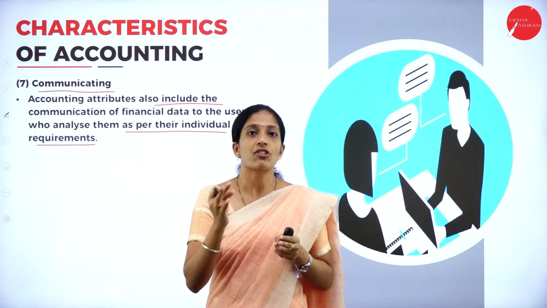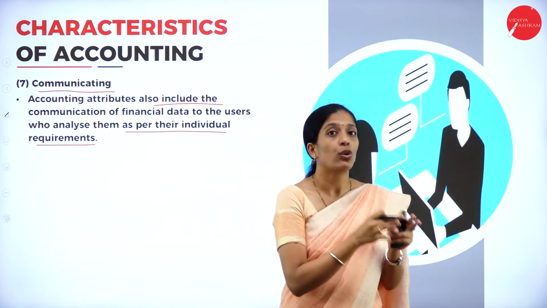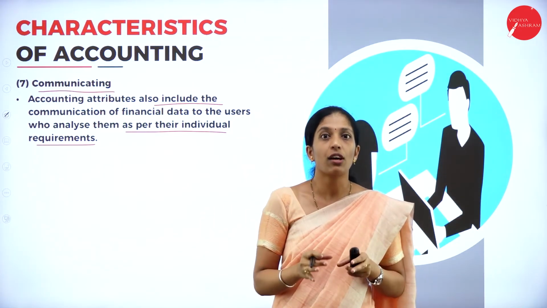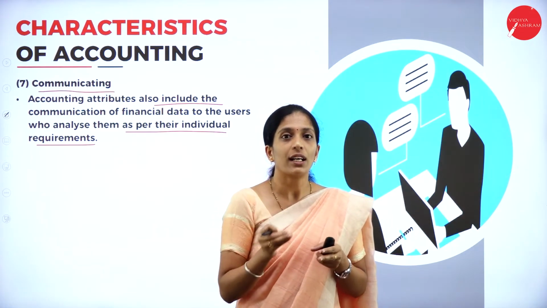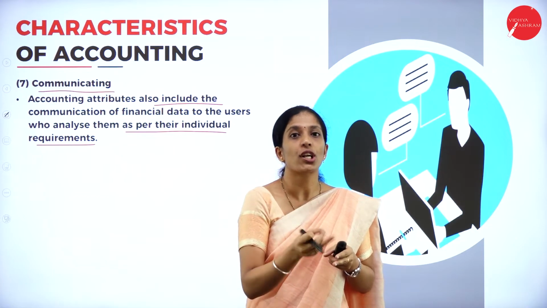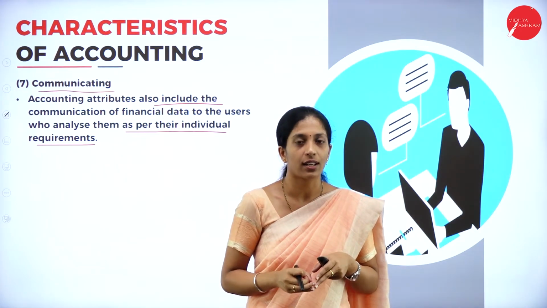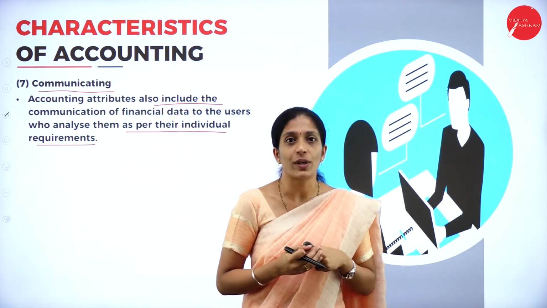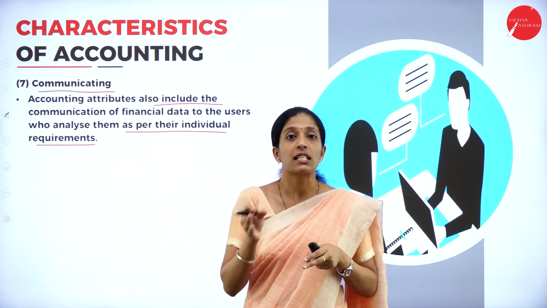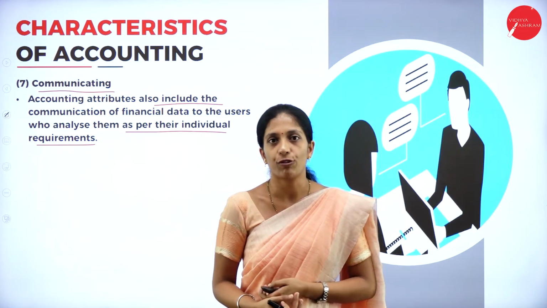In the same way, a financial institution that has provided a loan to the organization also wants to know the financial position, because it wants to know whether the organization is in a position to repay the loan or not. So it depends upon the individual requirement of the user who is dependent on accounting information.